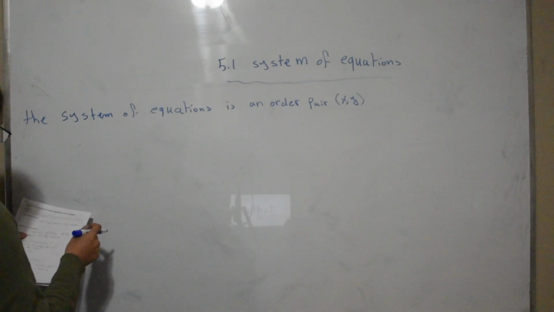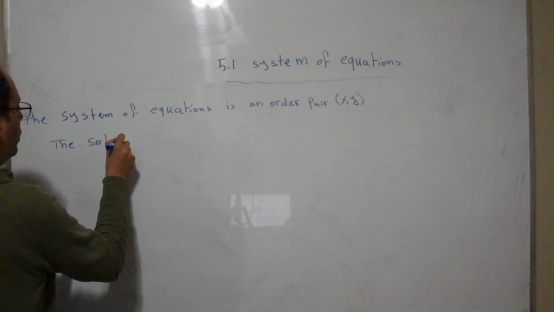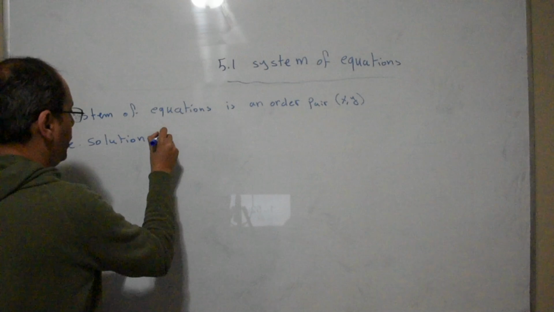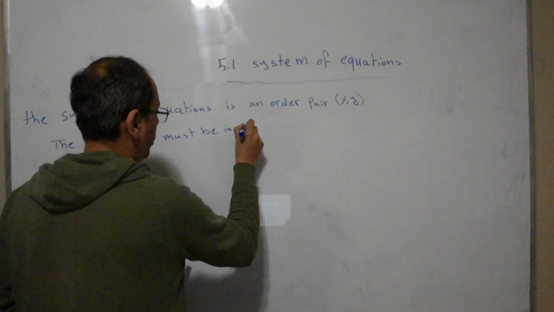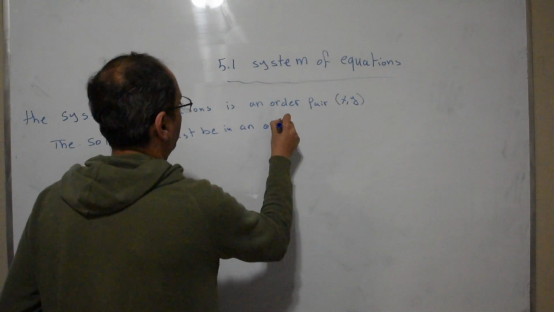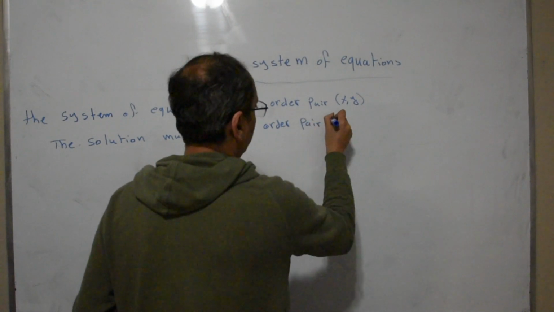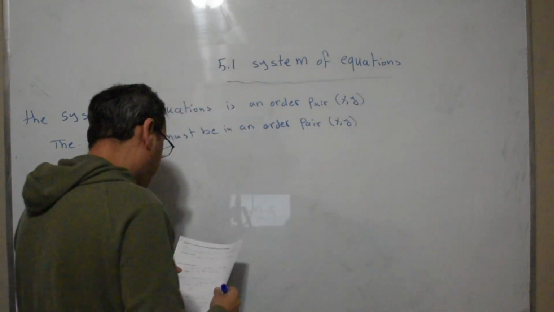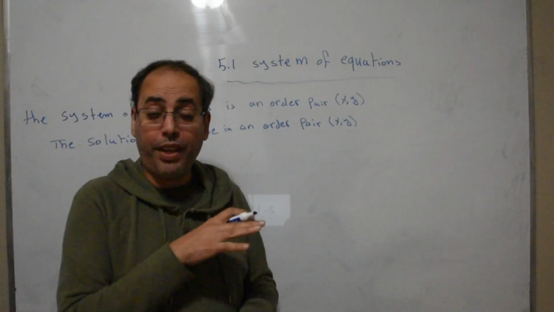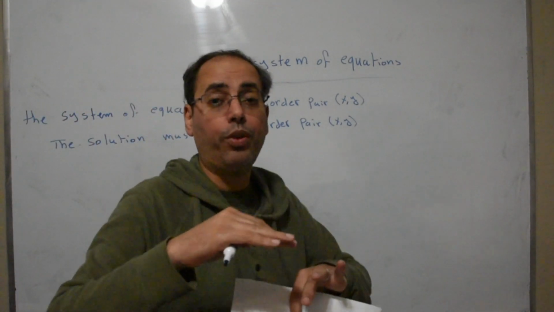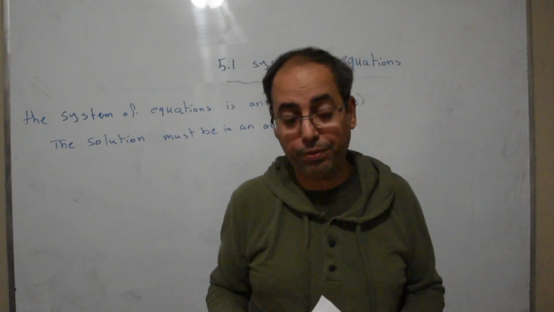Okay, and the solution must be in an ordered pair as well, and also X and Y. Okay, so now I'm going to give you a solution, X and Y, and I give you a system of equations, and you tell me whether this solution is correct or wrong.